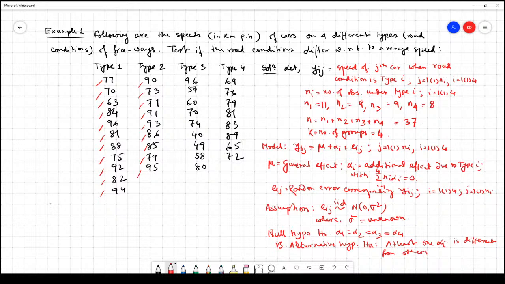Now the computation part. Ti naught is denoted as the total under type i.